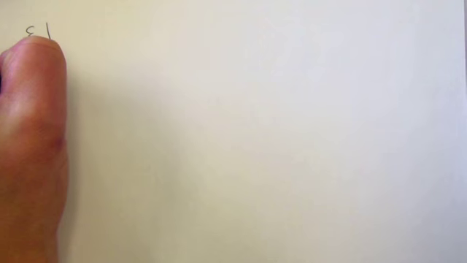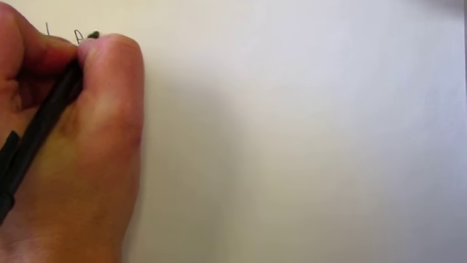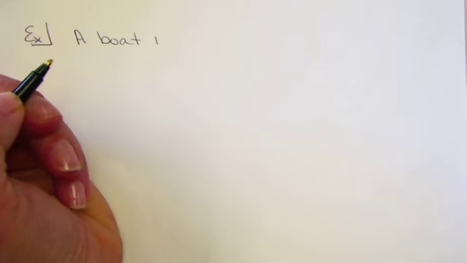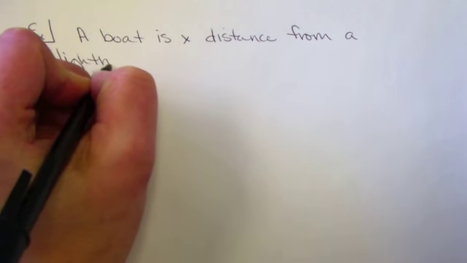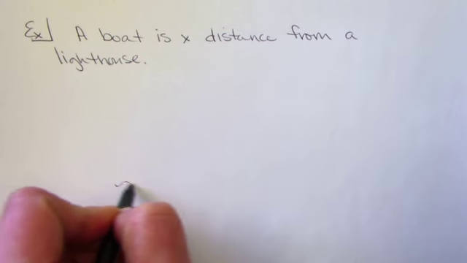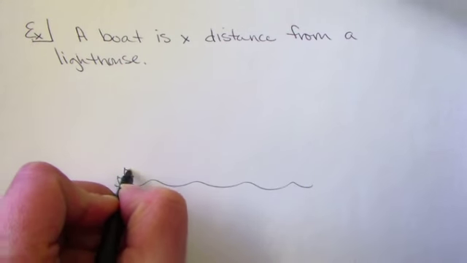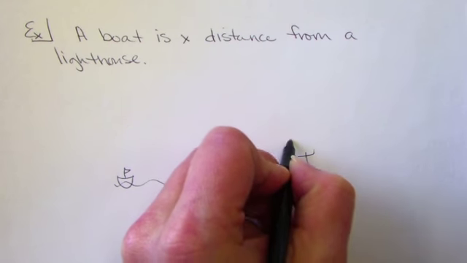The first one, now this is going to take some writing, okay? But the first example, you have a boat, and the boat is X distance from a lighthouse. All right, so here's the water, here's the boat, here's the lighthouse.